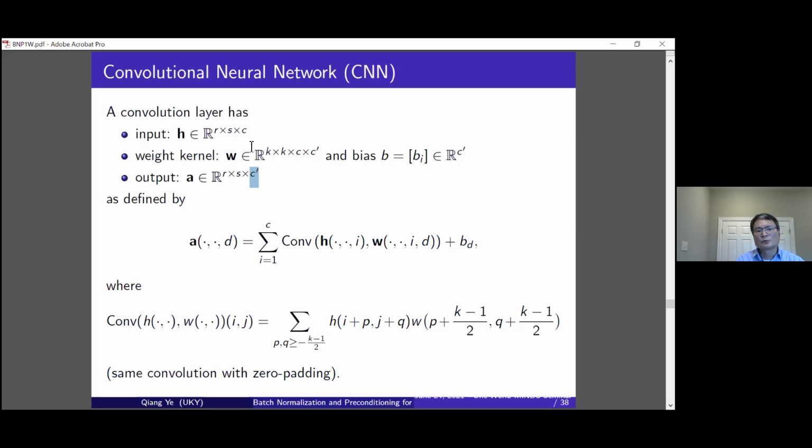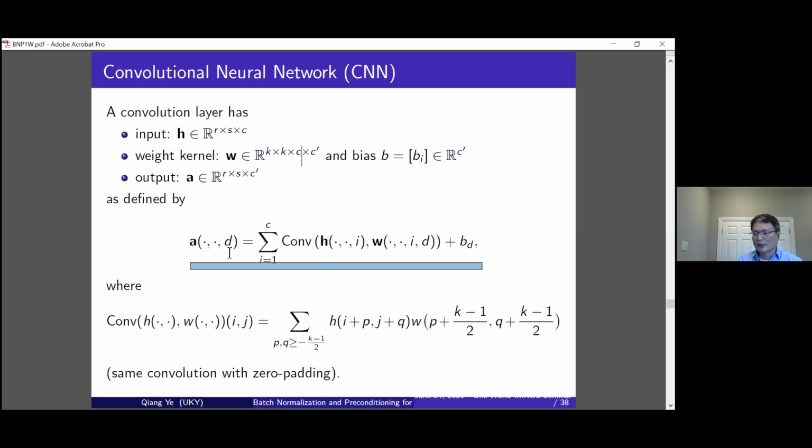The output is related to the input through a weight kernel. The weight kernel is a 4-dimensional tensor with k by k in spatial dimensions, with C channels corresponding to input channels and C prime corresponding to output channels. And this output is determined from the input through this equation here.